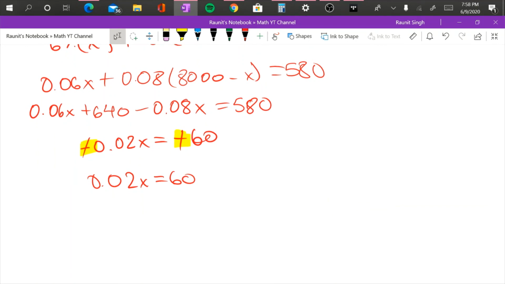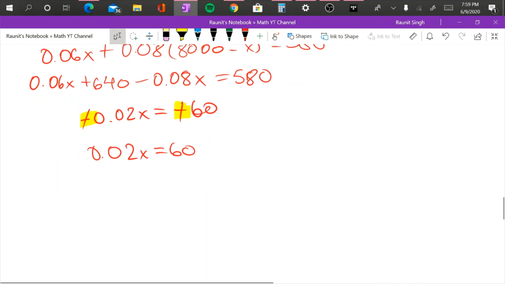Now we're going to get rid of the decimal by multiplying, well, what could we do? No, actually we're not going to divide by 200. We're going to multiply each side by 100.